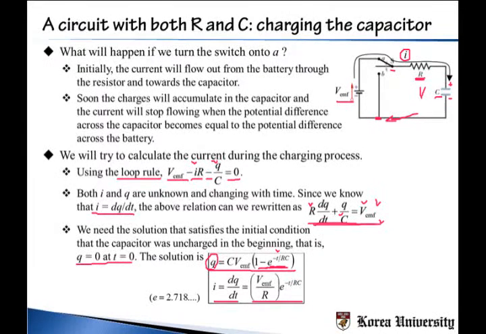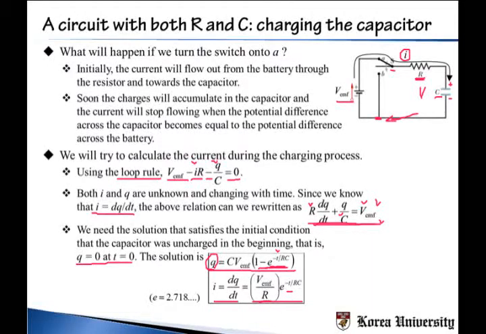Okay. And here, let's try again to see what happens at time equals 0 or infinity. If you insert t equals 0, then exponential of 0 is 1, so I becomes V_EMF divided by R, which means that in the beginning, at the very moment the switch is turned on, current will flow by this amount.